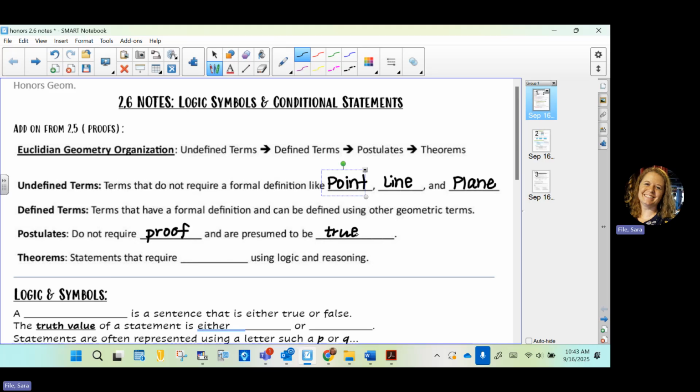While a theorem is a statement that requires proof. So a theorem requires proof using logic and reasoning. A postulate does not require proof. Okay, so that's the difference in a postulate and a theorem.